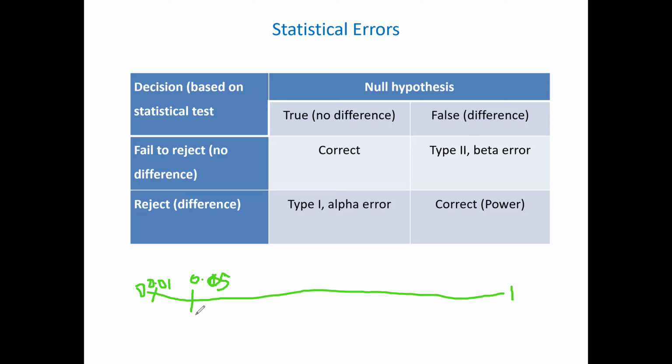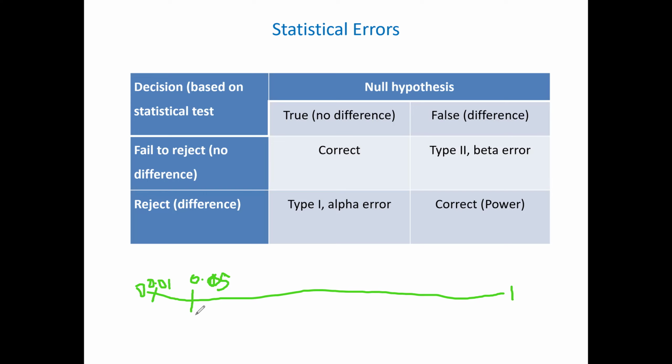Just like the score in school, the p-value is your score, and the pass mark, the cutoff point, is 0.05, which is the level of significance. So when you are doing your study, you have to set your level of significance from day one, because it will be needed during your calculation of sample size.